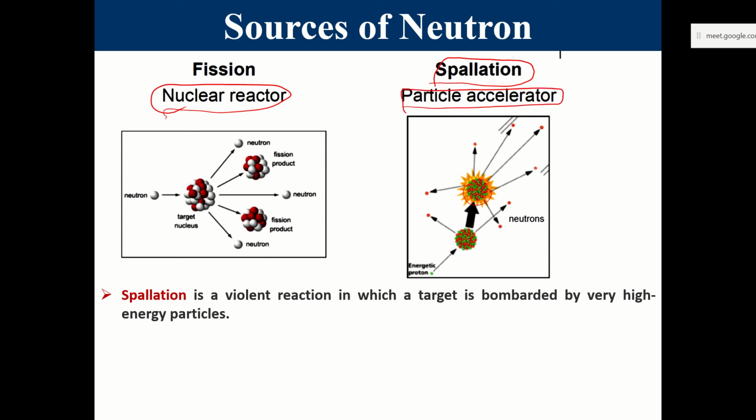It is a slightly smaller setup compared to a nuclear reactor, but an accelerator is still relatively big, around the size of two or three rooms. It is a long pipe-like thing where the particle gets accelerated, and the technique involved is spallation.